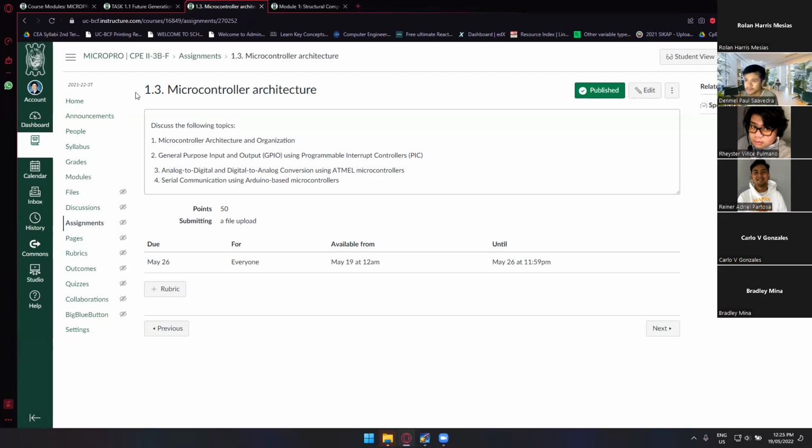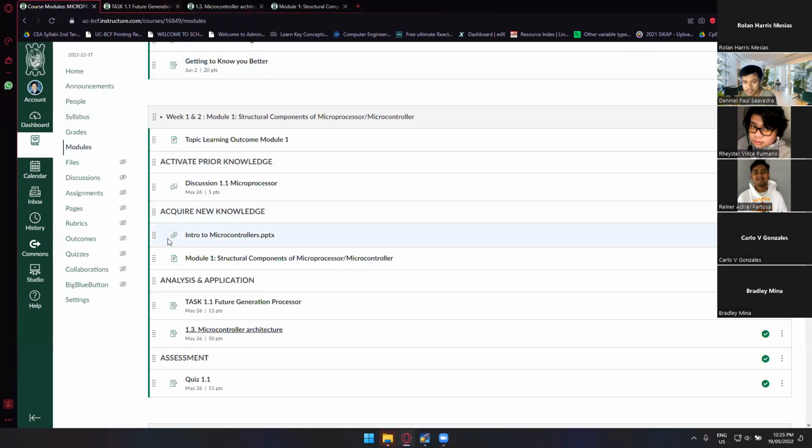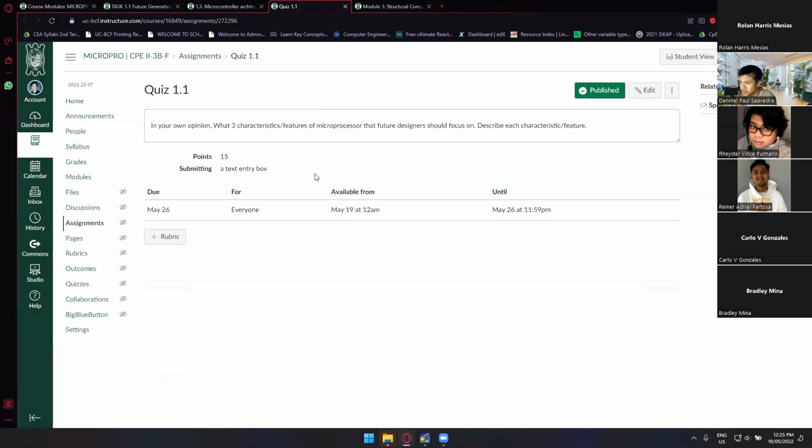All right. So are we clear for the 1.3 microcontroller architecture? Yes, sir. Okay. Well, if ever that you guys have a question, just let me know. And then for the last one, that last activity, I think this is the easiest one. So in your own opinion, okay. So in my case, if I always hear the word opinion, I'm pretty much comfortable now that I'll be able to perfect the question since it's opinionated.